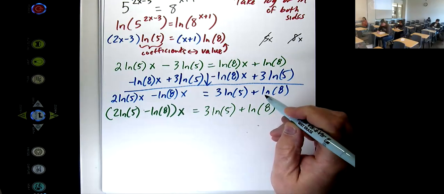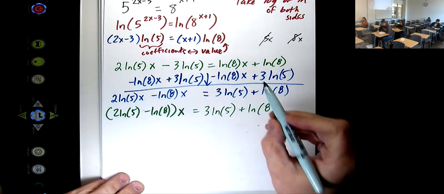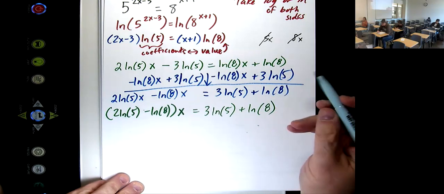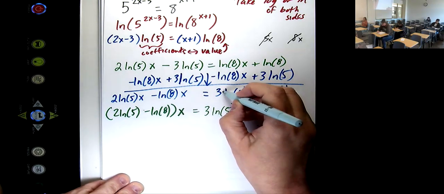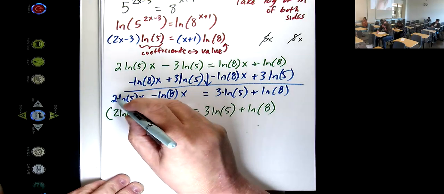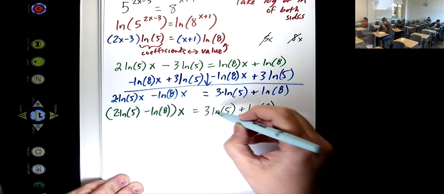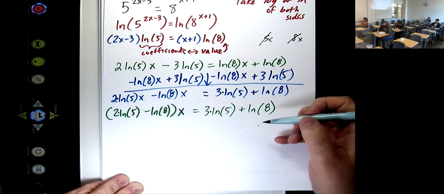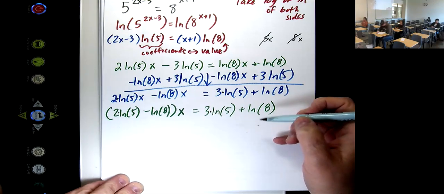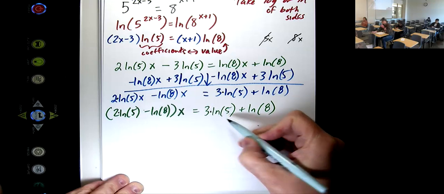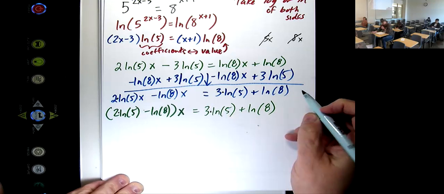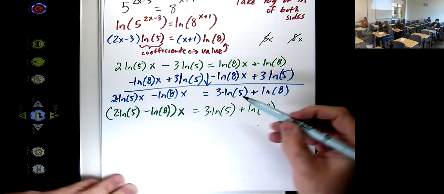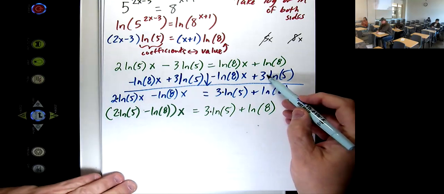Now, when you're doing logs or natural logs, you may want to put a little multiplier sign in here. Because if you don't, the L can suspiciously look like a 1, and then it looks like 31n, and it's not. It only really matters when you've got a coefficient on it.